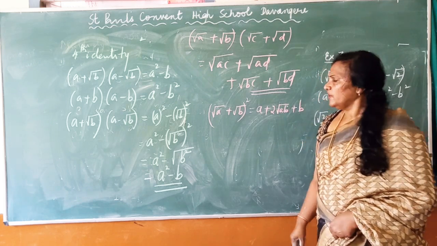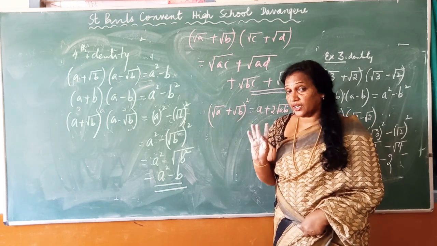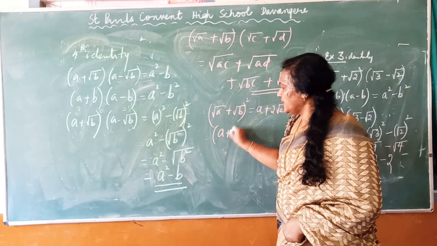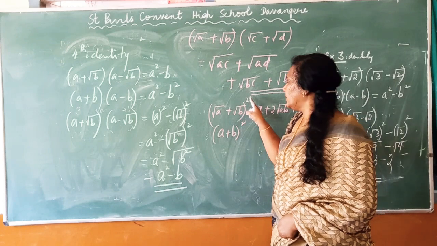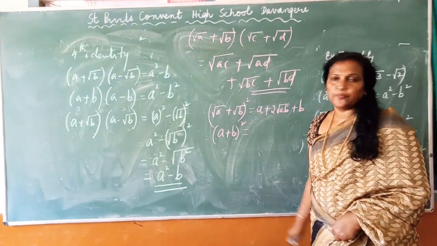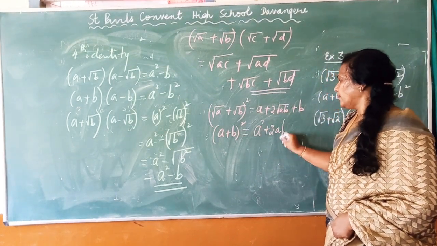Then which identity does it resemble? Last year I studied 4 identities, no? So it is a plus b whole square, two terms, a binomial expression with the whole square. What's this identity? A plus b whole square is a square plus 2ab plus b square.